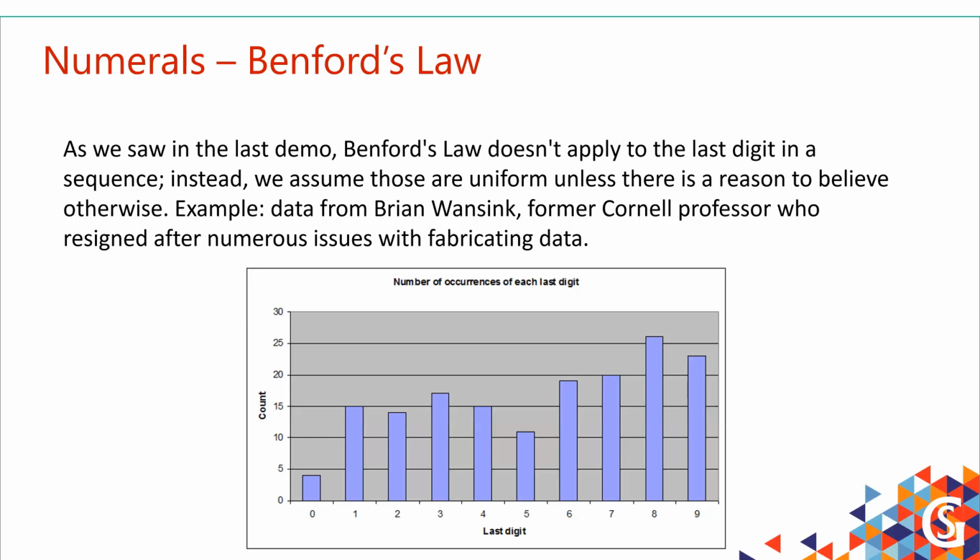The last digit ought to be pretty much uniform, but people were filling in what I jokingly call the more random numbers, that 3 or 7 or 8 is a more random number than 0 or 5. And therefore, those, quote, more random, unquote, numbers will show up more frequently when people are making up data.